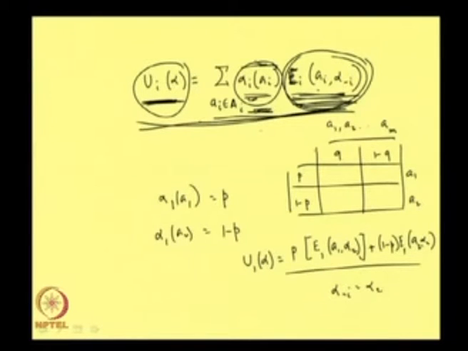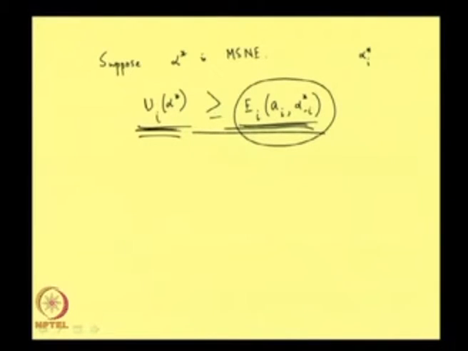Or I should put it in the opposite way. I should say the following: for the i's for which alpha I is 0, for those i's the expected payoff should be either less than this, or at most it can be equal to this.